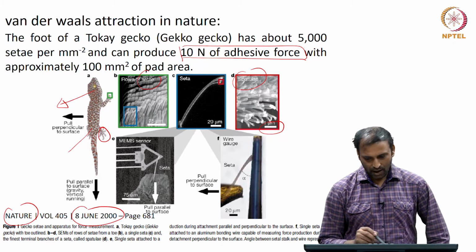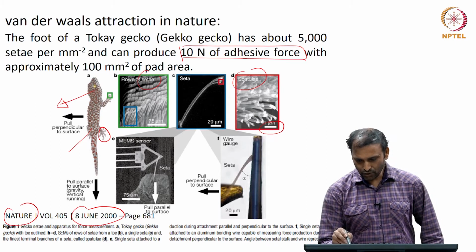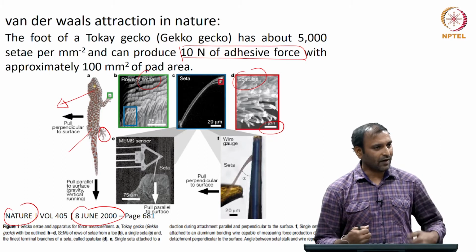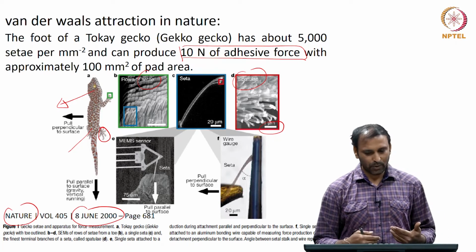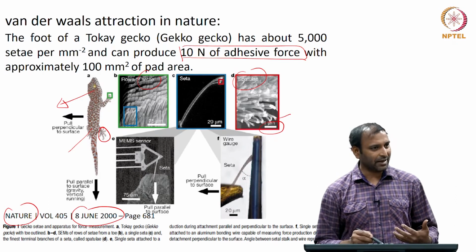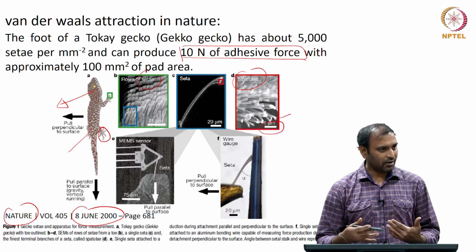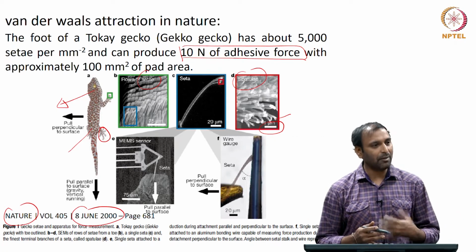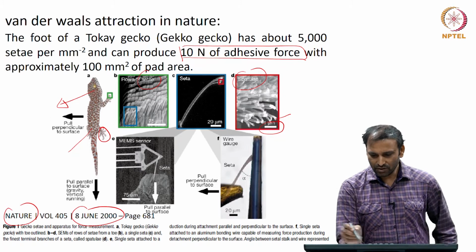You can see there are so many of them that if you calculate the Van der Waals force of adhesion between each of these fiber-like things and the wall, and add them up, because there are so many, the number is something like that.